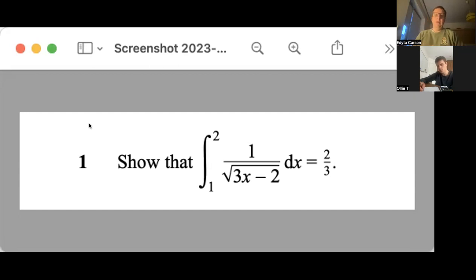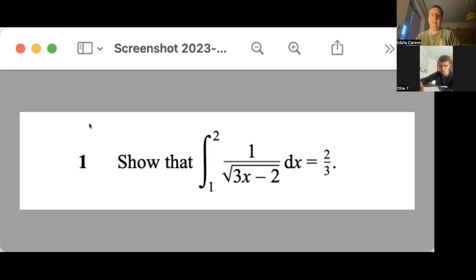Okay. So we would want to write the 3x minus 2 in a bracket. And to what power would it be? 1/2, exactly.